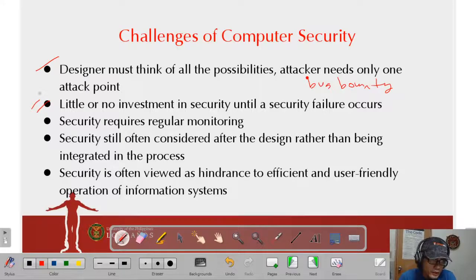They will only invest in security after a security breach occurs. Okay, and a typical example of this is website defacement.